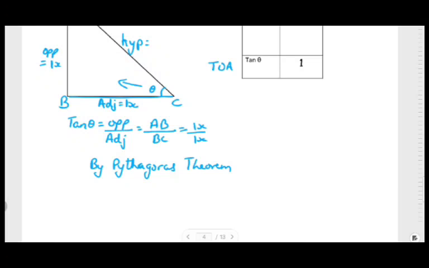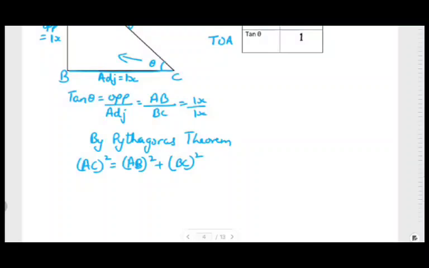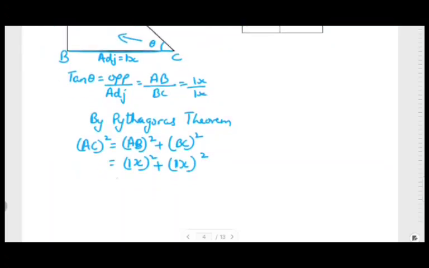Hypotenuse, which is AC the whole square, is equal to AB the whole square plus BC the whole square. What is my AB? 1x the whole square. What is my BC, which is 1x again the whole square.